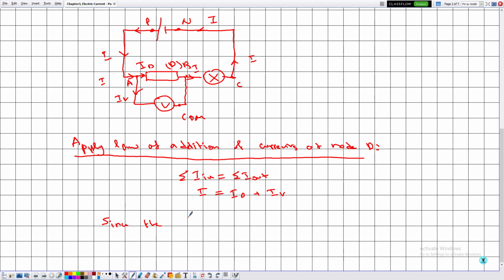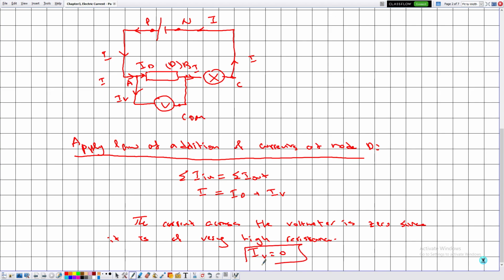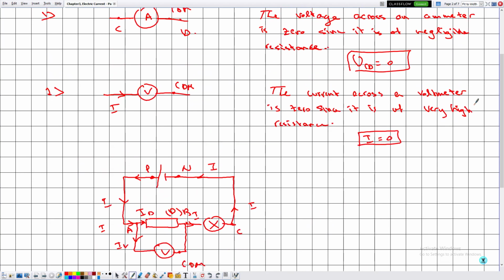Since the current across the voltmeter is 0, since it is of very high resistance, in this case the value of IV is equal to 0, which is the statement that I have stated here.